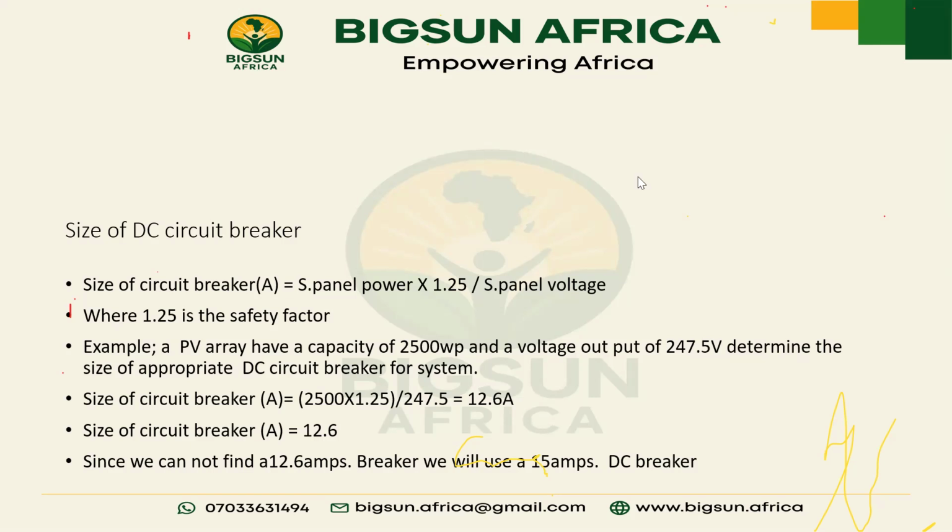So can we calculate this one now? 2,500 watts times 1.25, all over 247.5. It's going to give us 12.6, right? 12.6 amps.